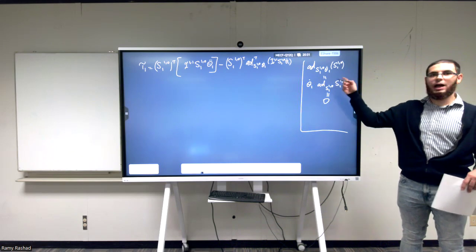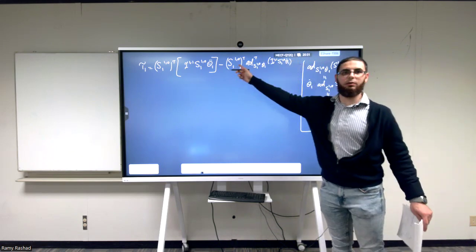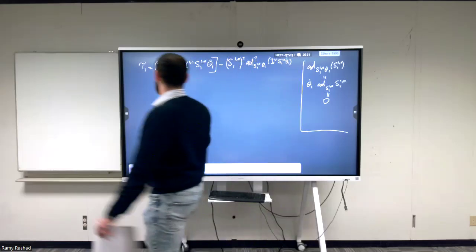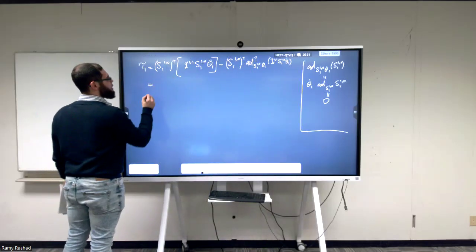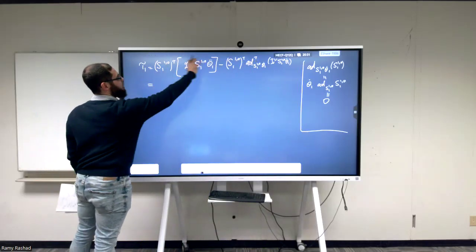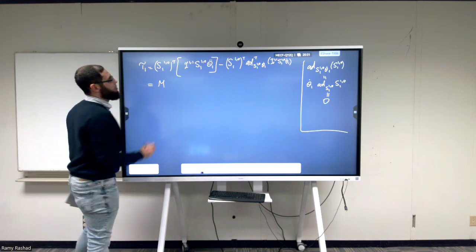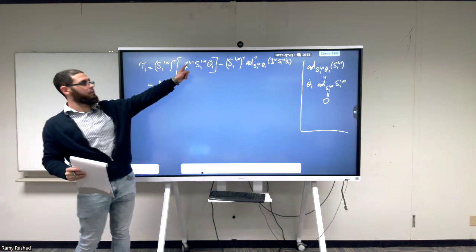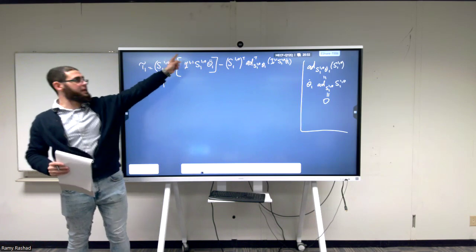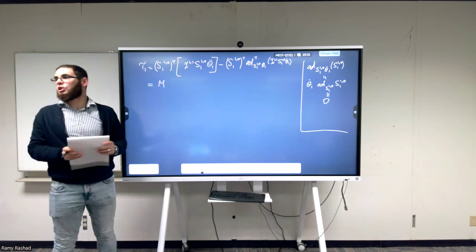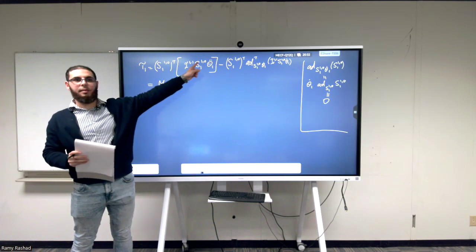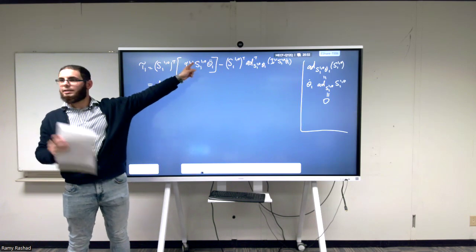So this expression now just all drops out, and we're left only with that guy. I'm going to write all of these three terms as m. So this is a constant, this is a constant, and this is a constant. Everything here is a constant. What is the dimension of it? Let's check. The dimension of S is 6 by 1.